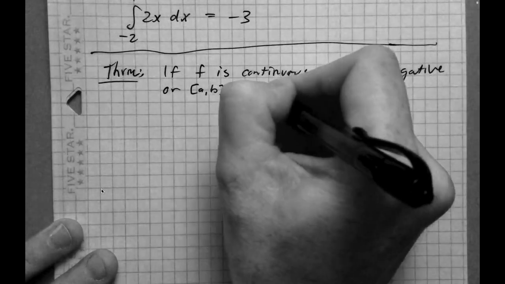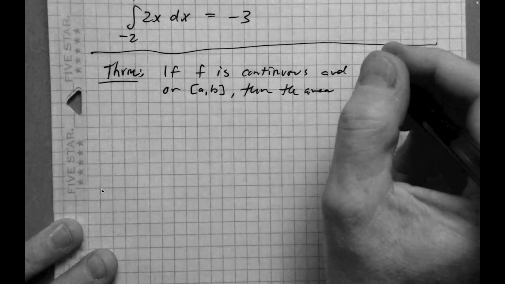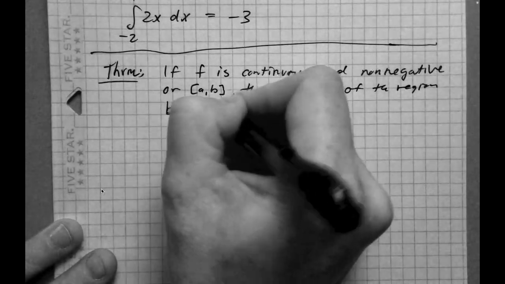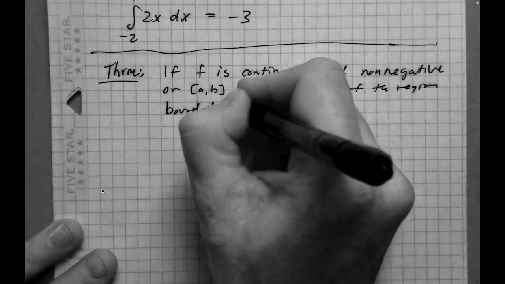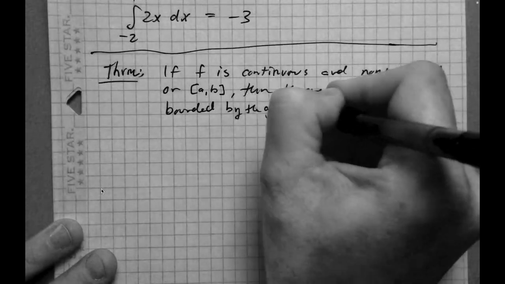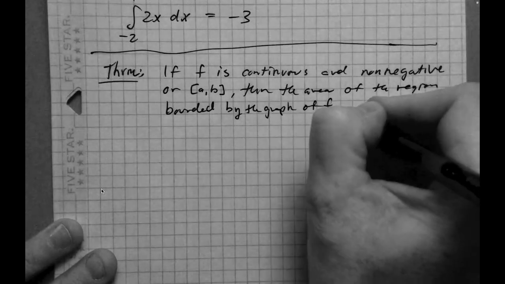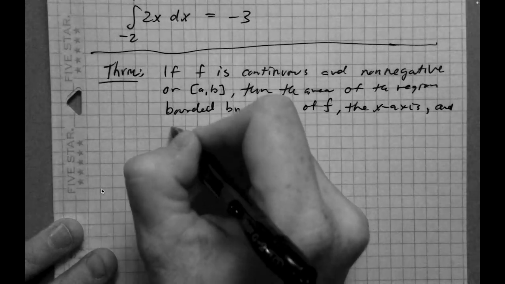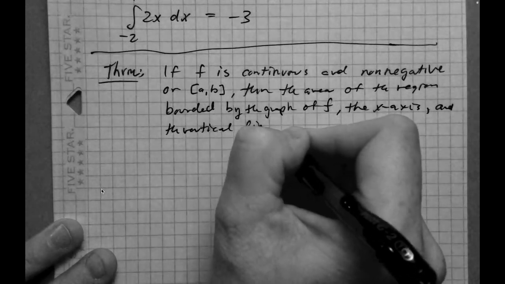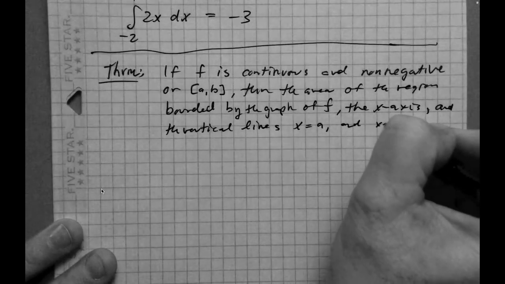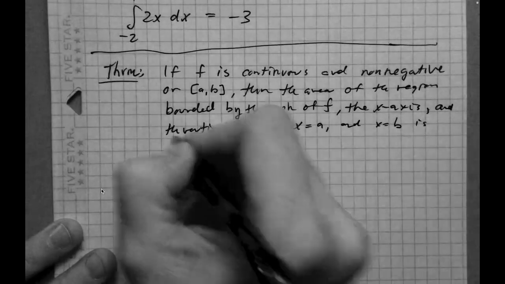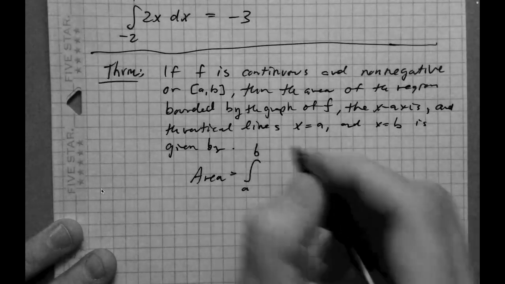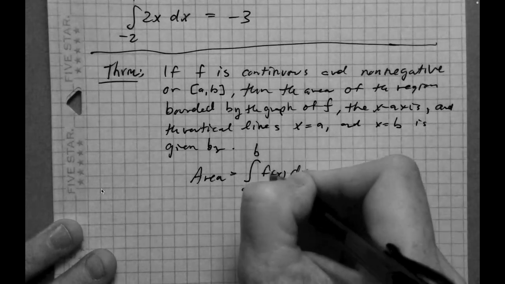then the area of the region bounded by the graph of f, the x-axis, and the vertical lines x equals a and x equals b is given by the definite integral.